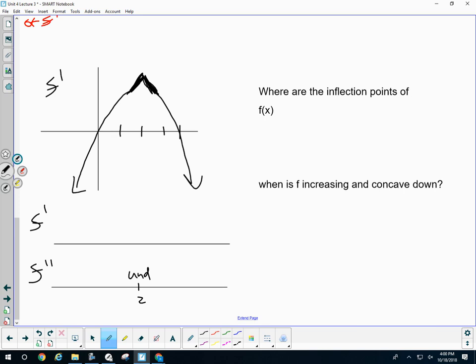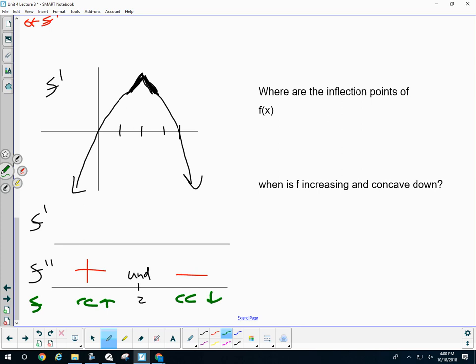Look to the slopes to the left of 2 and to the right of 2. Positive slopes, then negative slopes, which means f goes from concave up to concave down.